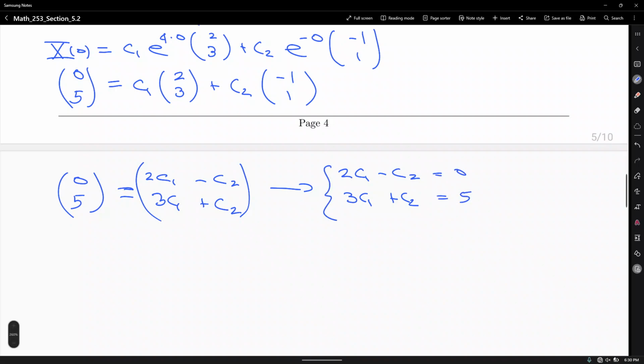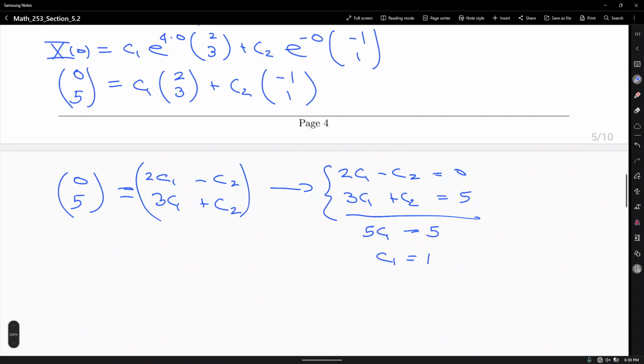That's the system we need to solve to get the constants C1 and C2. Don't even set up a matrix for this one because it can be easily solved by elimination. If we add together the rows, 2C1 plus 3C1 is 5C1, these two cancel, equals 0 plus 5, which is 5, and C1 is 1.